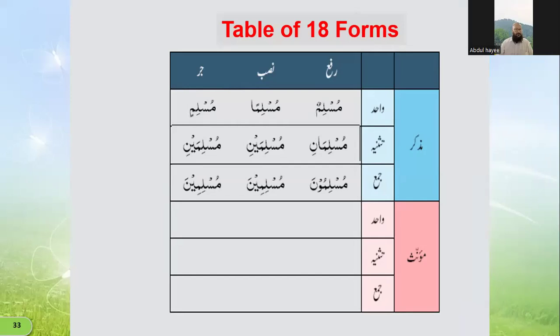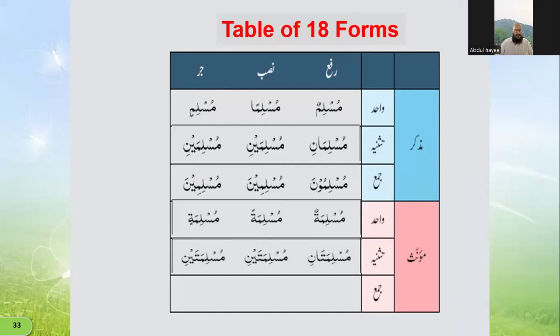What about the feminine? From Muslimun, we have Muslimatun, Muslimatan, Muslimatin. Tasniya: Muslimatani, Muslimatayni, Muslimatayn. What about jama? Muslimatun, Muslimatin. This makes 9 and 9, 18. From one noun you can make 18.